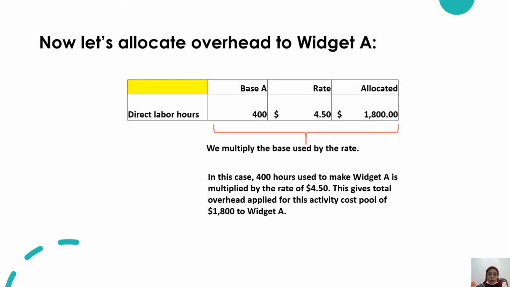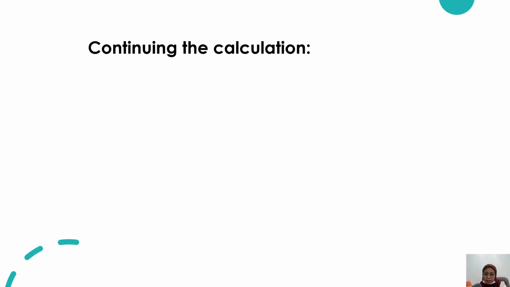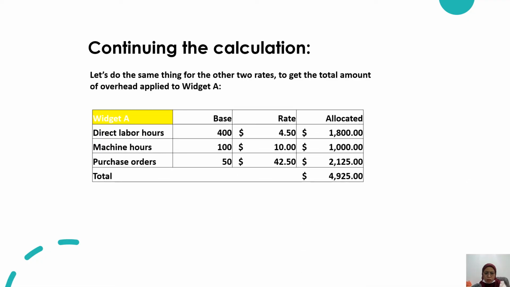For widget A, direct labor hours 400 times $4.50, you get $1,800. In this case, the 400 hours used to make widget A is multiplied by the rate of $4.50. This gives the total overhead applied for this activity cost pool of $1,800 to widget A. We do the same for all the bases, or all the cost drivers.